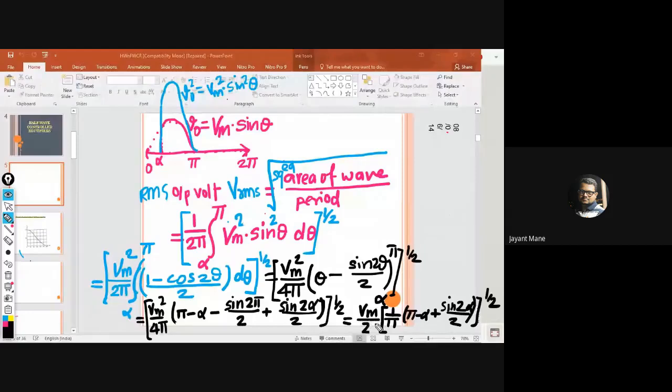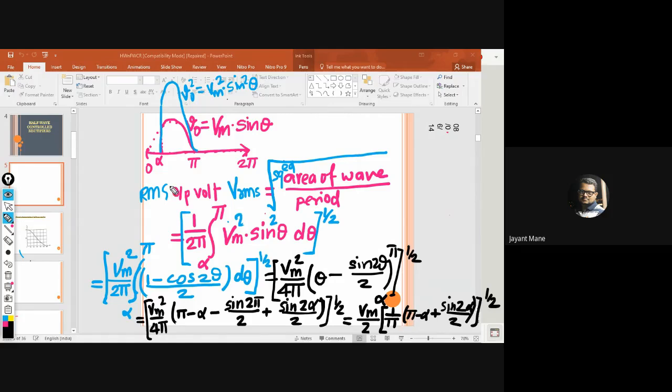So taking this Vm by 4 outside the under root, that's why it is just Vm by 2 now. Pi is there inside. And here the value of sine 2 pi by 2 is calculated. So what is the value of sine of 2 pi?